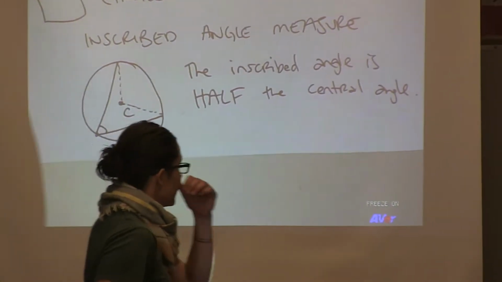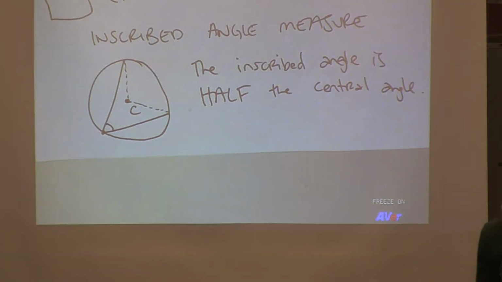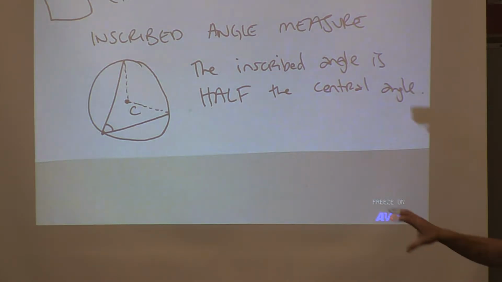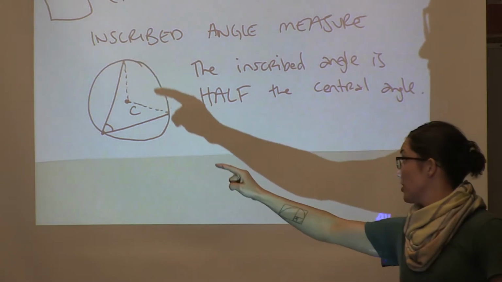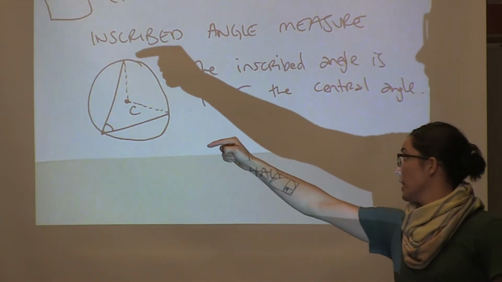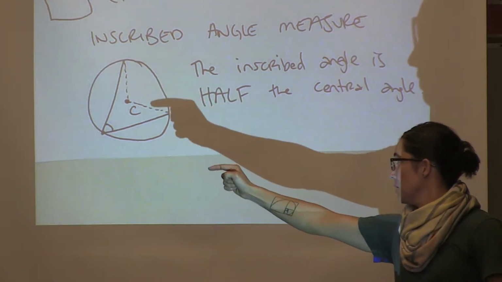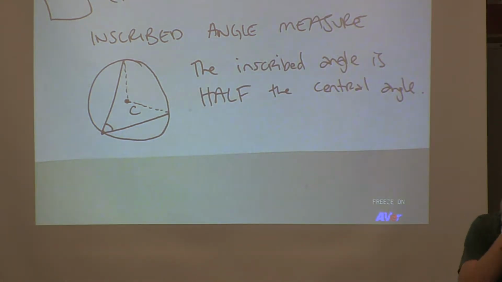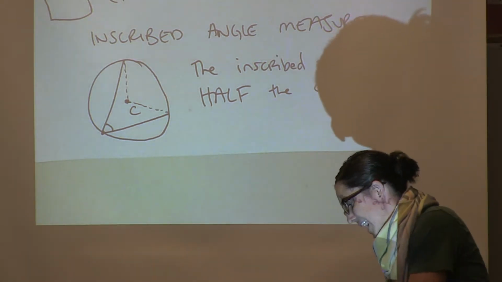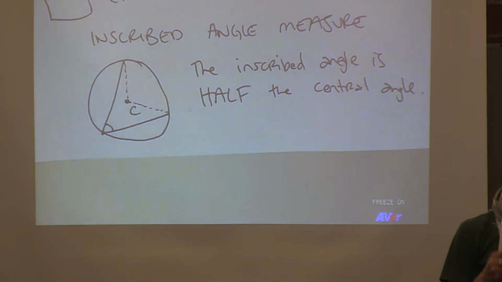So, the inscribed angle is half the central angle, which means it's also half of the arc length, right? Because the arc length and the central angle are the same, and the inscribed angle is half of them. That's your big piece of knowledge today. I'm just giving you that one. That's a freebie. With that information, you're going to do this.